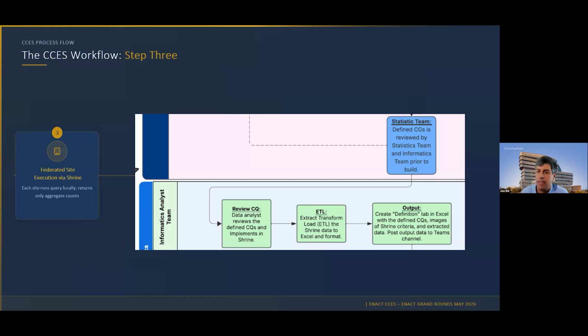And then they'll have a definitions tab that goes along with those Excel files with the defined clinical queries and images of the Shrine criteria and the extracted data, so that our analysts and our clinicians eventually who are using this will be able to understand how those queries were put into Shrine, so that we make sure that we're all speaking the same language.